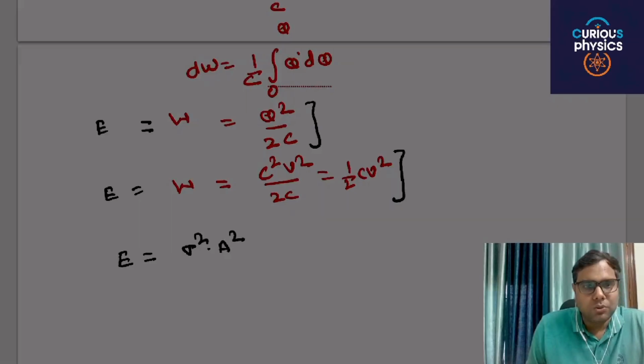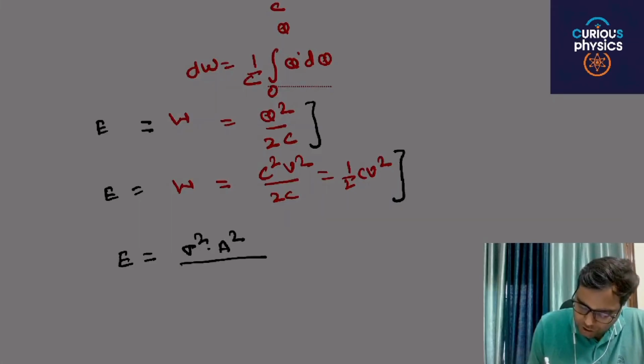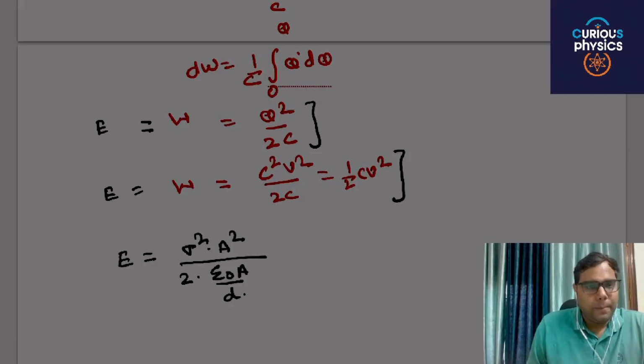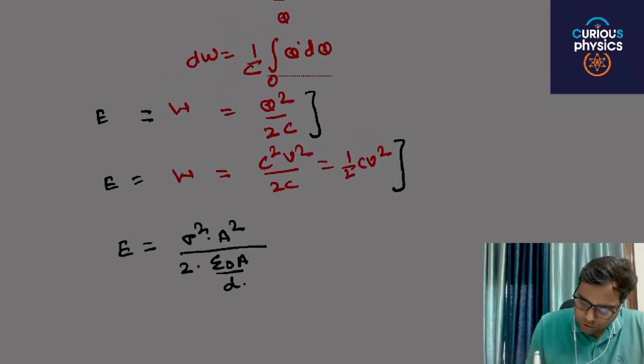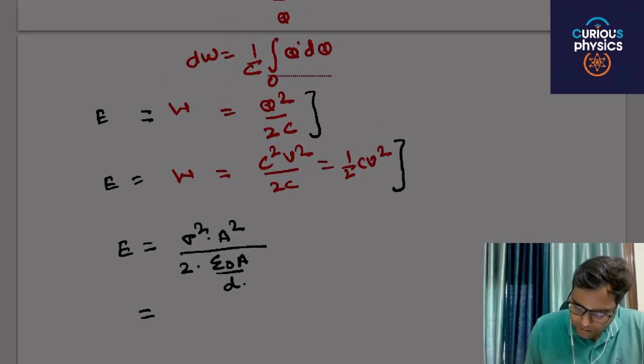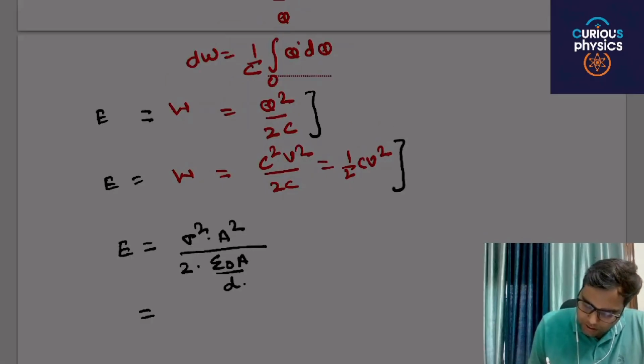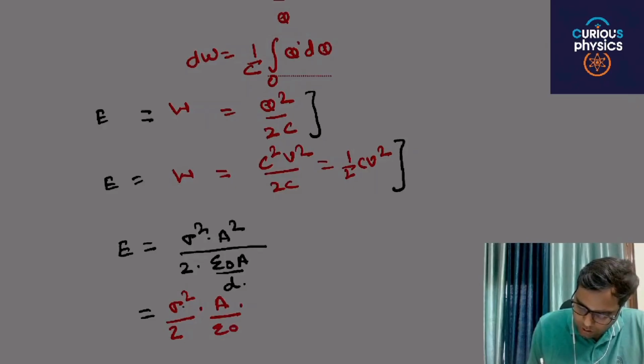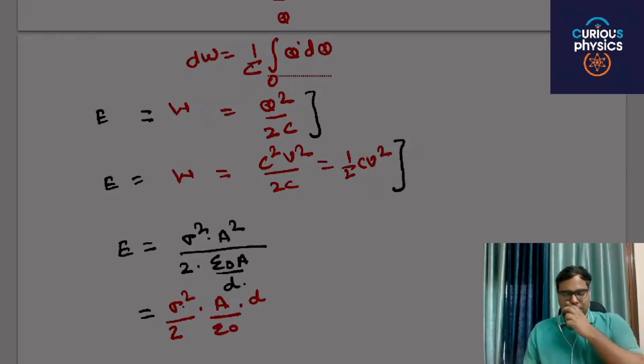Then 2C can be written with C as epsilon naught A divided by D, so 2 epsilon naught A divided by D. Now the areas will cancel each other, so you can write sigma square A divided by 2, and now A and D will go, this is epsilon naught, this is sigma square.